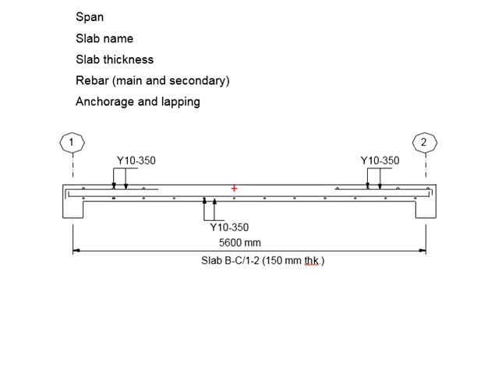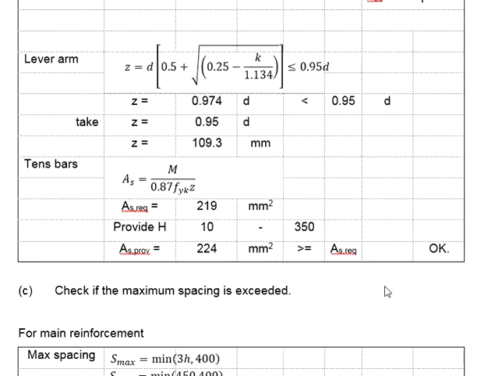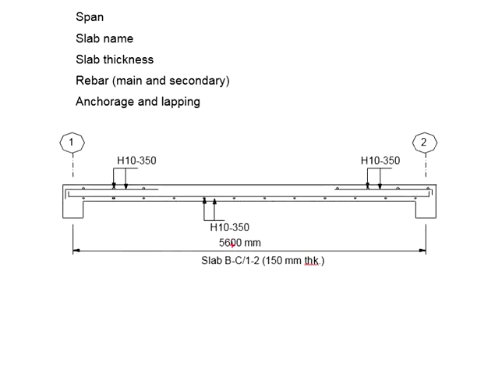Once you have decided how the reinforcement bar should be arranged, next is to label the reinforcement. Based on the calculations, H10 350 is provided. Then you will label the reinforcement H10 350.